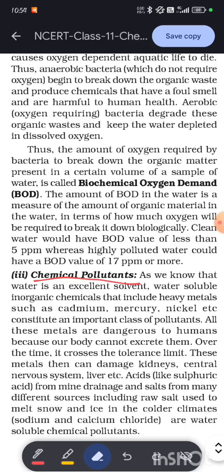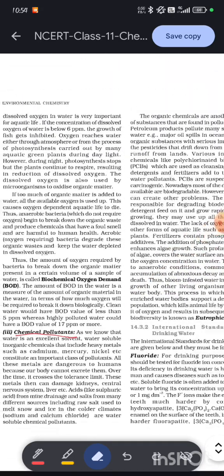These metals can then damage kidneys, central nervous system, liver, etc. Acids from mine drainage and salts from different sources, including road salt used to melt snow and ice in colder climates, are water soluble chemical pollutants.